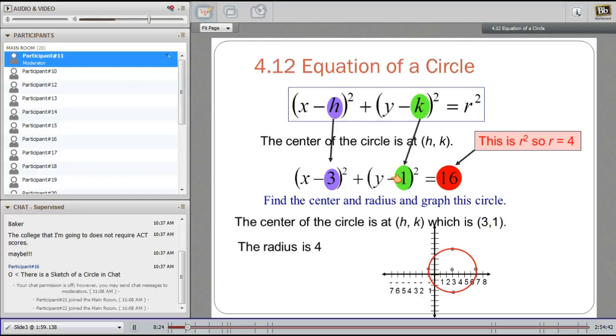Or if this was a plus 1, and I think I have another slide where we talk about this, but let's say if we had x plus 3 squared plus y plus 1 squared equals 16, how you could rewrite that in terms of a minus sign would be x minus negative 3, right? A plus is really the same thing as a double negative.